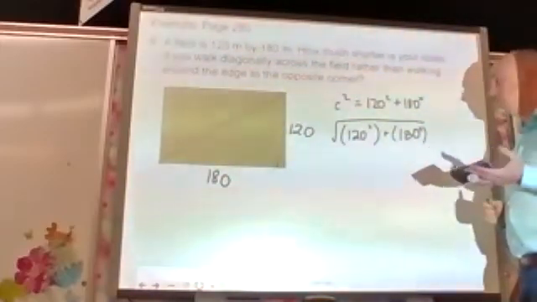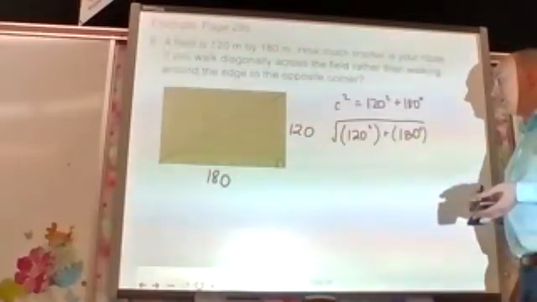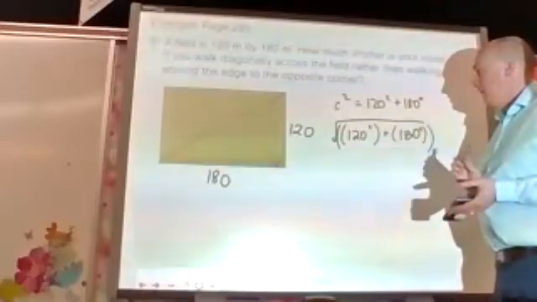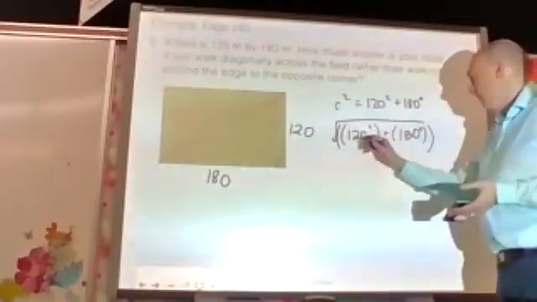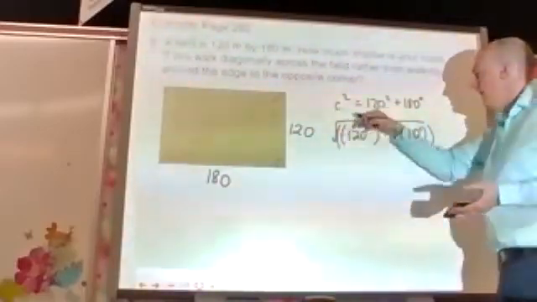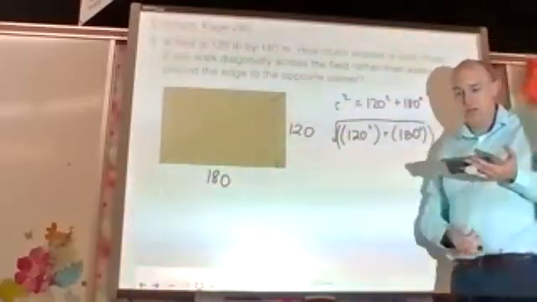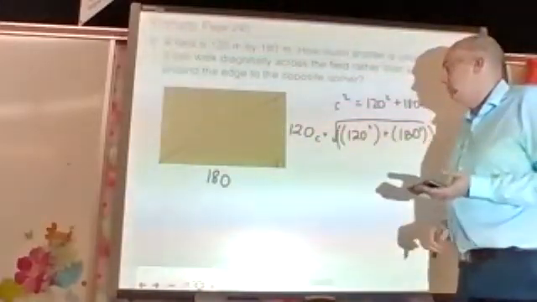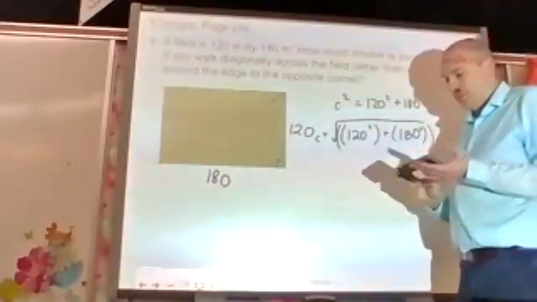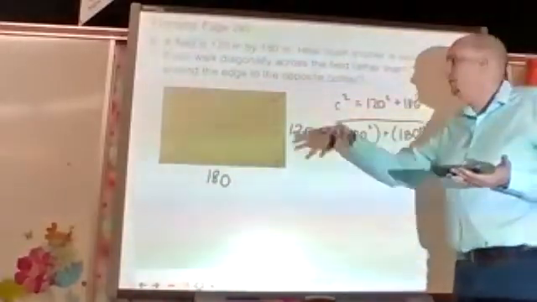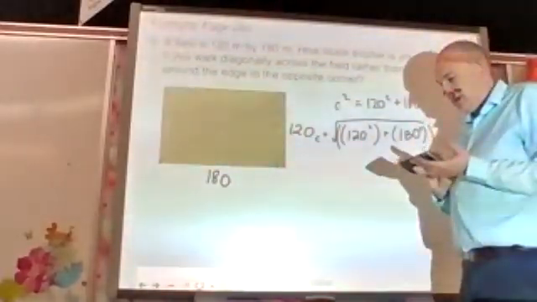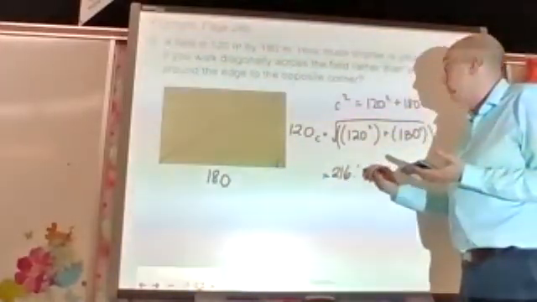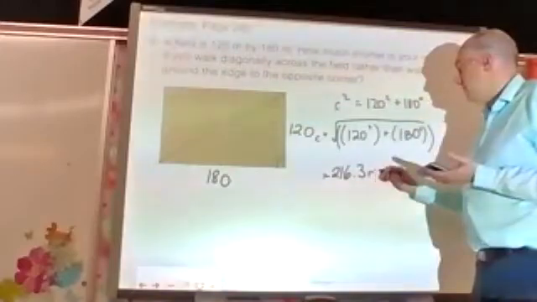If you're using a phone, you're going to have brackets around this whole thing in here as well. Because these happen first, and then this happens, and then this happens. So make sure your calculator is doing it that way, if you're not sure. And then once you get your answer, check it. So I get an answer equals 216.3 meters.